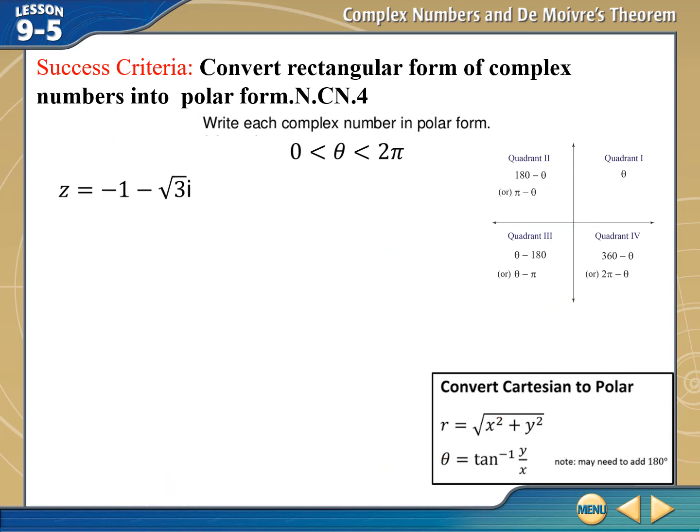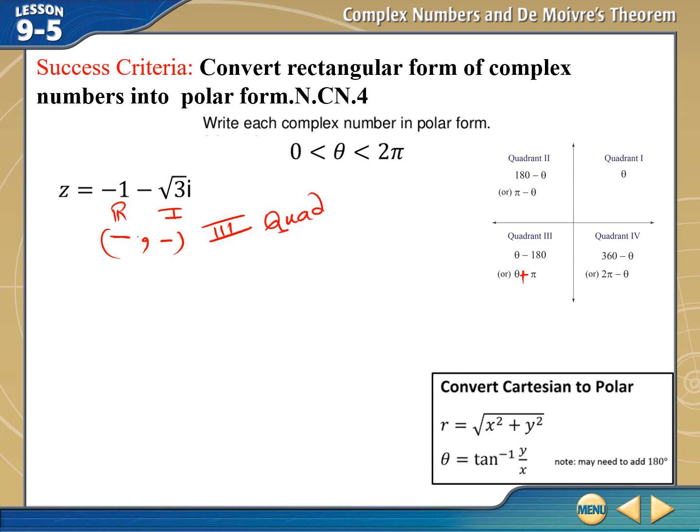Let's solve one more question and see what is happening over here. So here the real part is -1, and the imaginary part is negative square root of 3. That means both are negative, x negative, y negative, so they belong to the third quadrant.